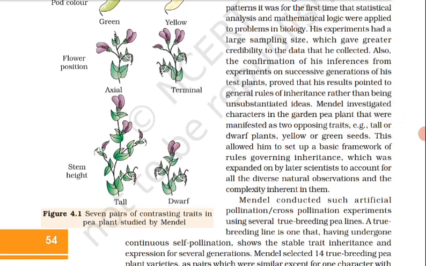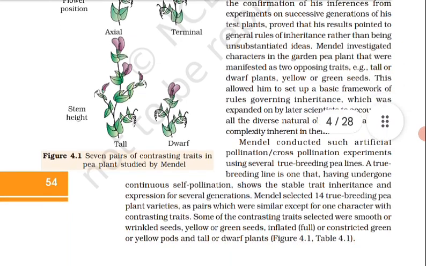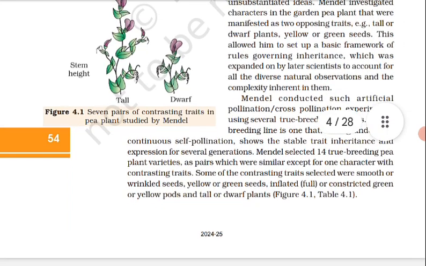Mendel investigated characters in the garden pea plant that were manifested as two opposing traits, for example, tall or dwarf plant, yellow or green seeds. This allowed him to set up a basic framework of rules governing inheritance, which was expanded on by later scientists to account for all the diverse natural observations and the complexity inherent in them.